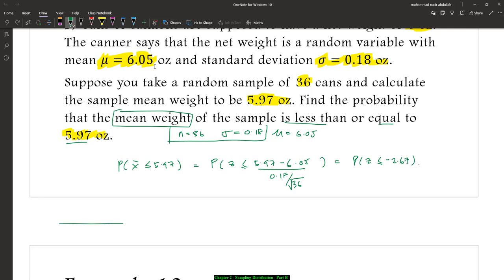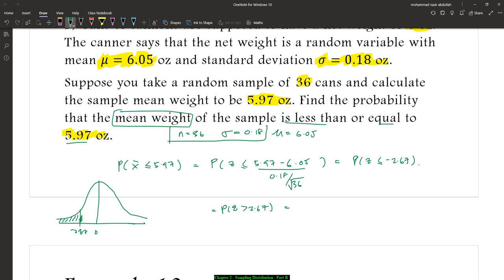So draw a distribution curve. This is 0. Negative 2.67 should be here lah. So we want to find this alpha. Boleh juga convert. Is also equal to probability of Z more than 2.67, right? Benda yang sama.